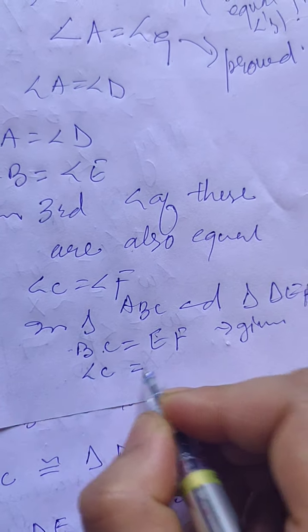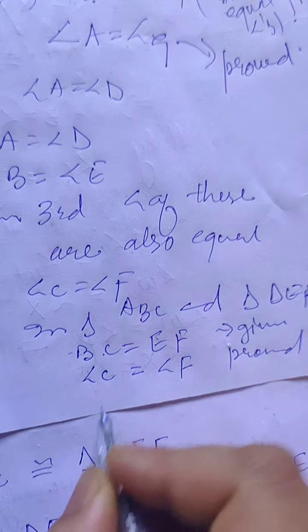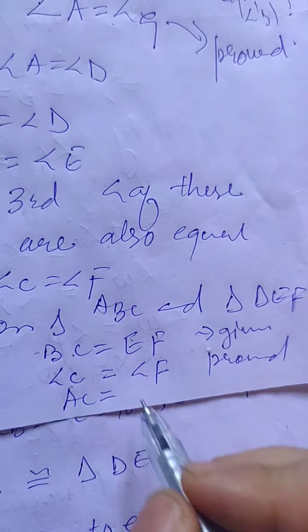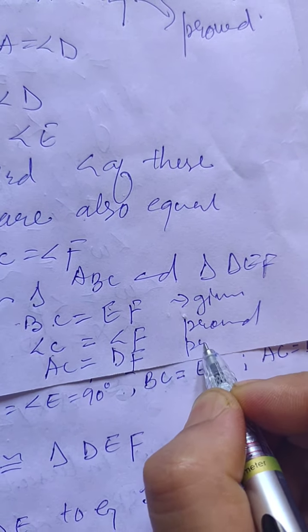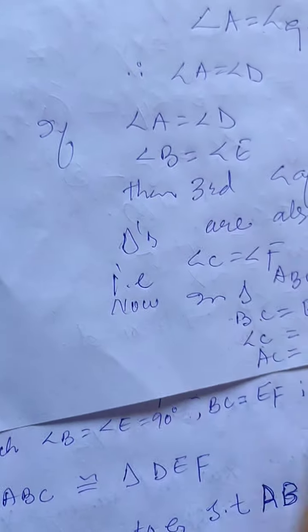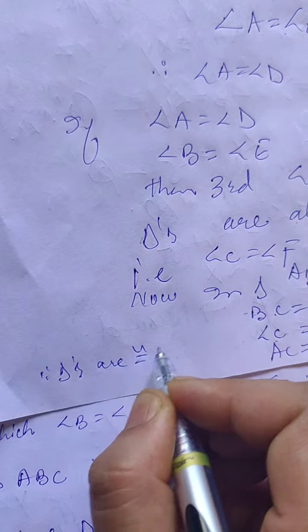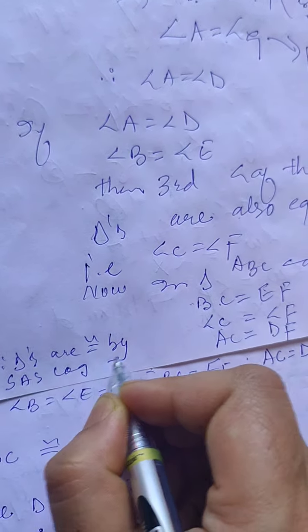Angle C is equal to angle F, proved. AC is equivalent to DF, proved. Therefore, triangles are congruent by side angle side congruency rule.